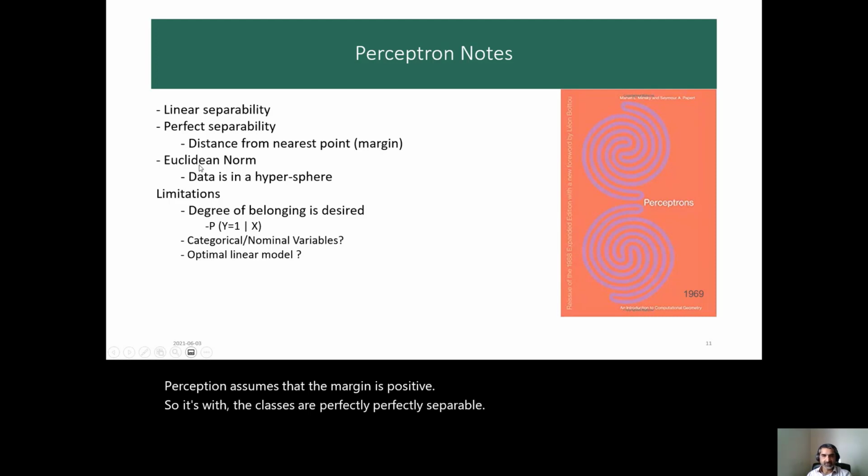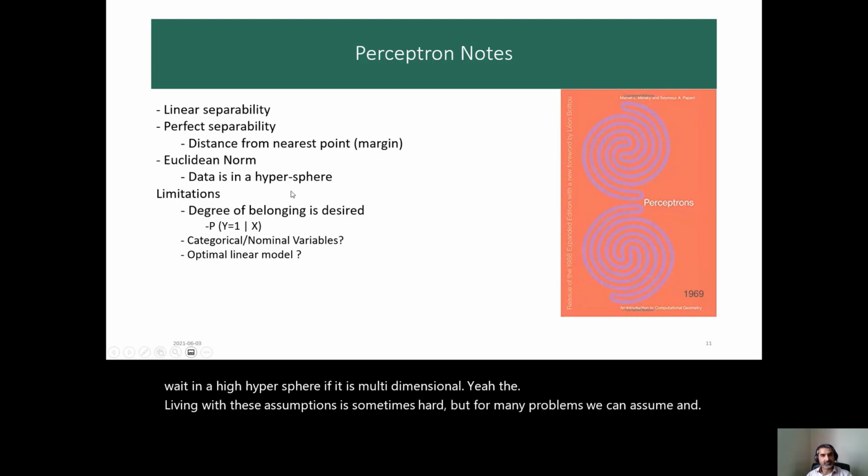The third assumption is that the data is living in a sphere, a hypersphere if it is multidimensional. Living with these assumptions is sometimes hard, but for many problems we can assume them and get good performance.